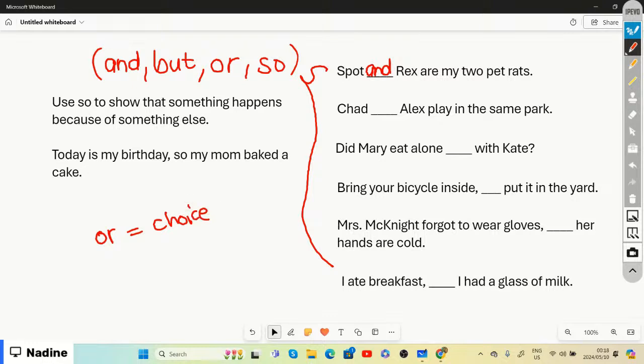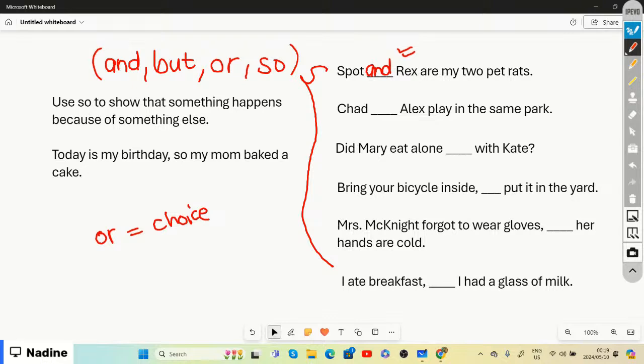It's like saying Spot or Rex. That's you choosing between Spot or choosing between Rex. But if you're saying are my two pet rats, then it means that both of them go together. Both of them are your two pet rats, right? So and is our correct answer.